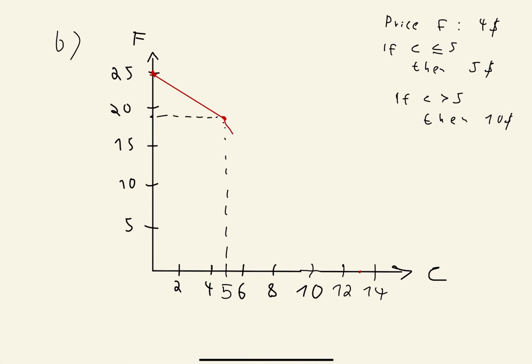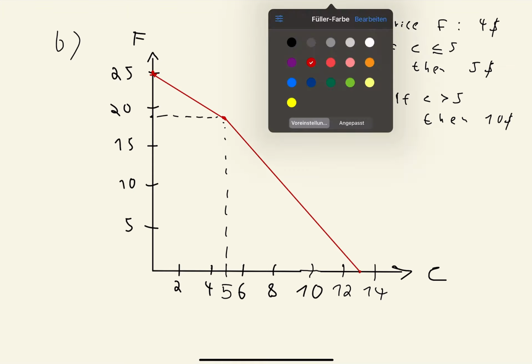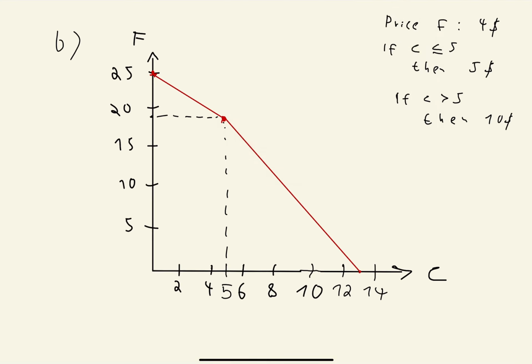So now if we connect the points, oh, this was too short. Yes, so this is the new budget constraint, and it's a little bit difficult to see here, but you have a kink at this point. The idea is that the relative price at this point is 1.25.